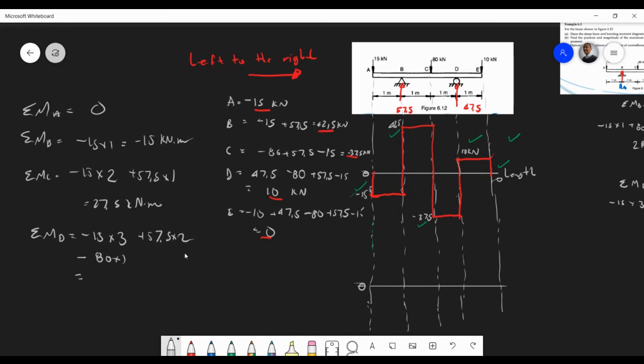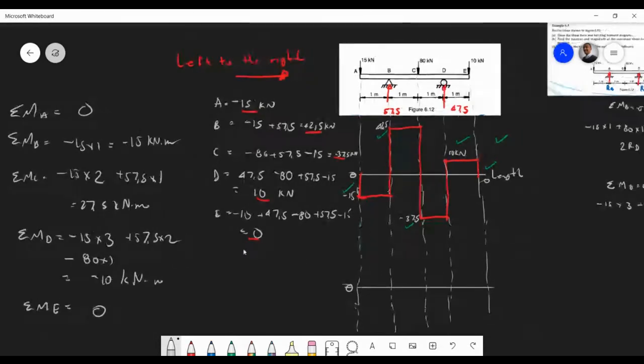If you add those up, you should get minus 10, right? Minus 10 kilonewtons. More often than not, if you do exactly all the shear force at the end of the beam, your moment should close up to 0. You can check it out yourself.